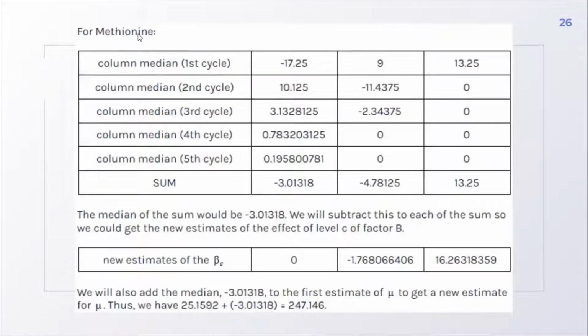For methionine, after centering the sums of the column medians from the 5 cycles, we will get these estimates for the effects of each level of factor B or methionine. And the median that we subtracted will be added to the previous estimate of the overall value. Thus, we now have 247.15.